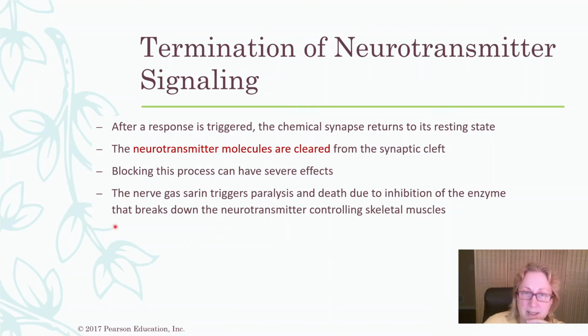Messing with this process is the way many poisons and also medications work. For example, many antidepressants work by blocking the reuptake of serotonin from synapses so that it remains longer in the synapse.